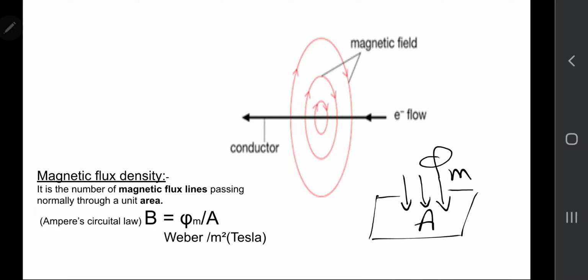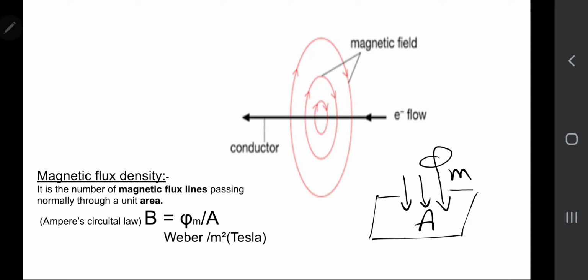I mean, the meaning of magnetic flux density is the number of magnetic flux lines passing normally through unit area. The symbol of magnetic flux density is B, equal to phi m over A, magnetic flux lines over area.